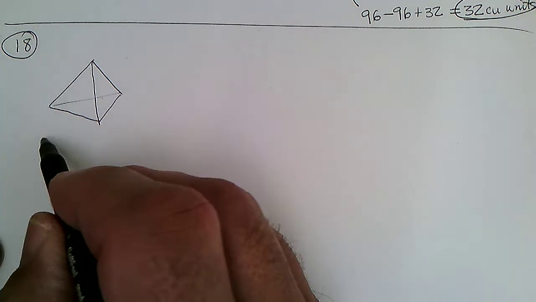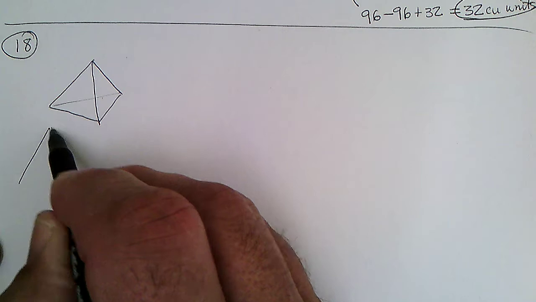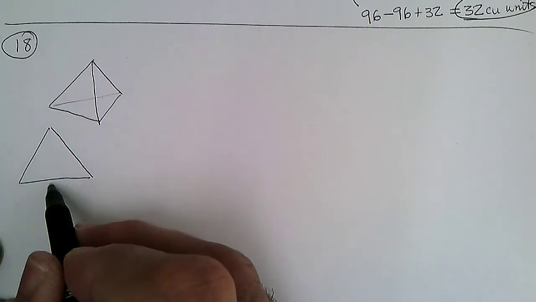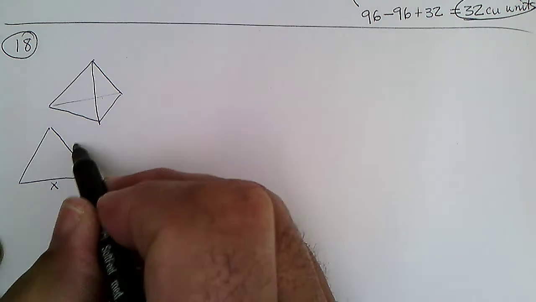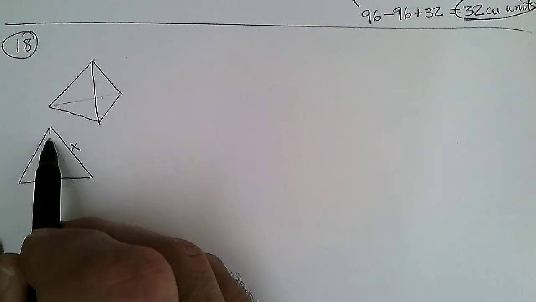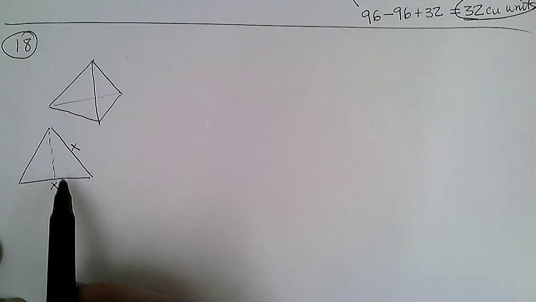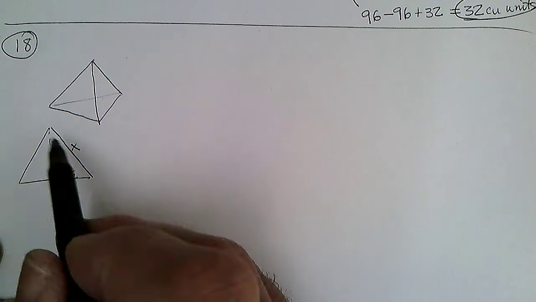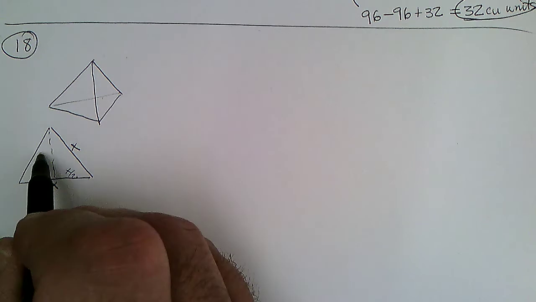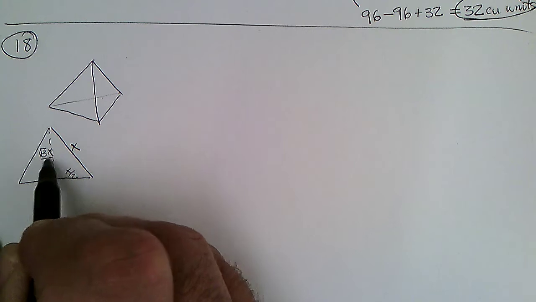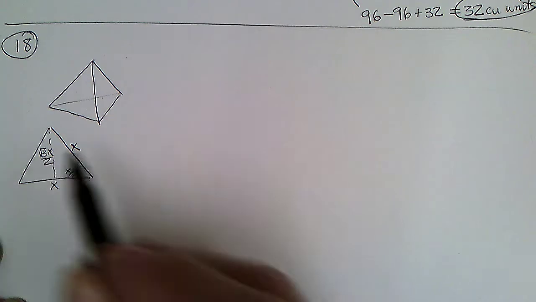Now, in an equilateral triangle, if the side was x, then if I drew the altitude to try to get the area, this would be x over 2. And using the Pythagorean theorem, this becomes the square root of 3x over 2.